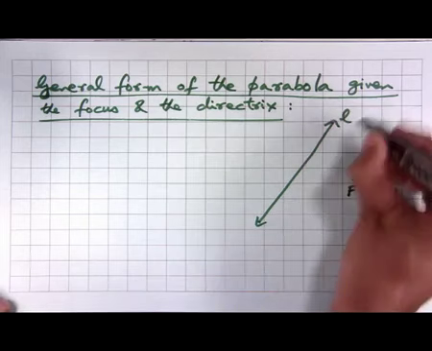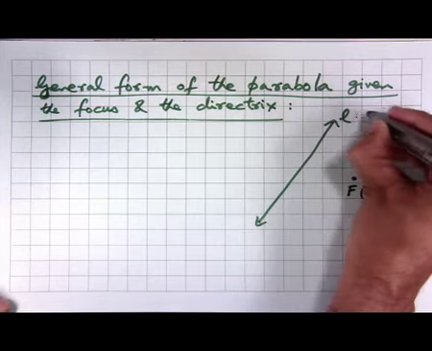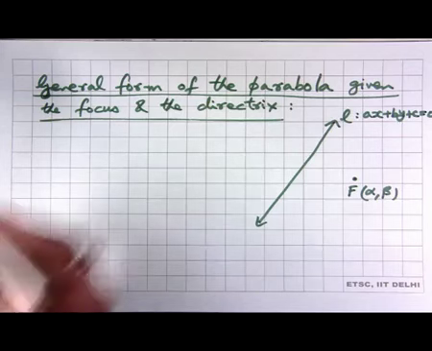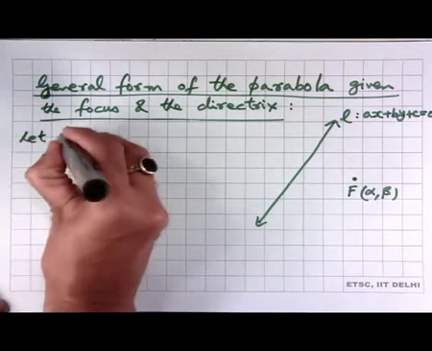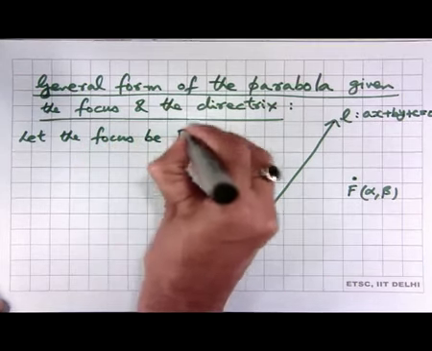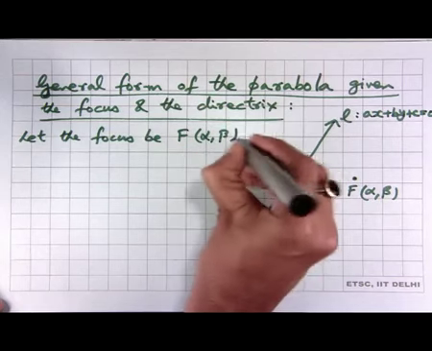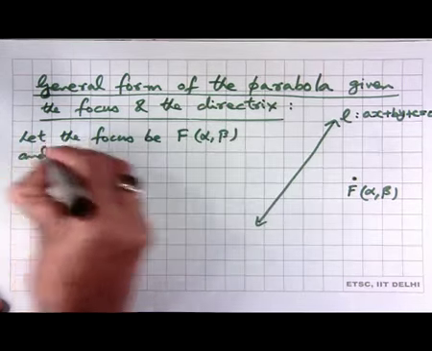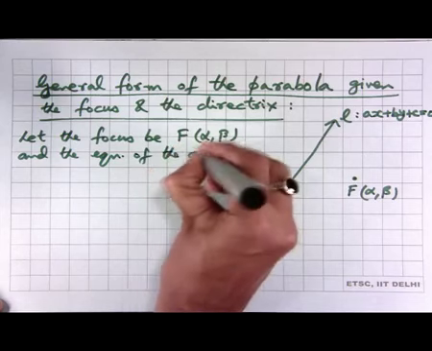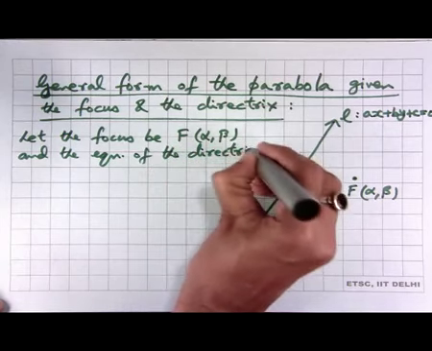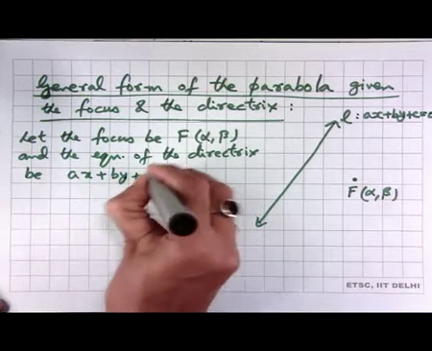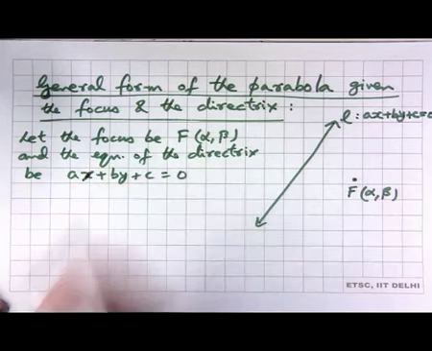So, this line L, let us say, has equation a x plus b y plus c equal to 0. So, let the focus be F(alpha, beta) and the equation of the directrix be a x plus b y plus c equal to 0. This is the general form of any straight line.